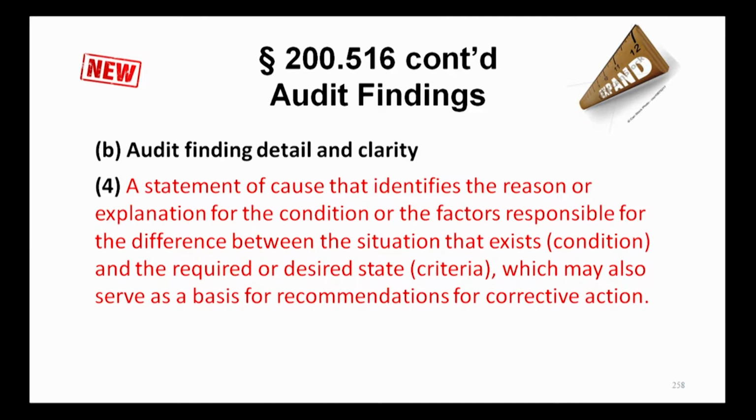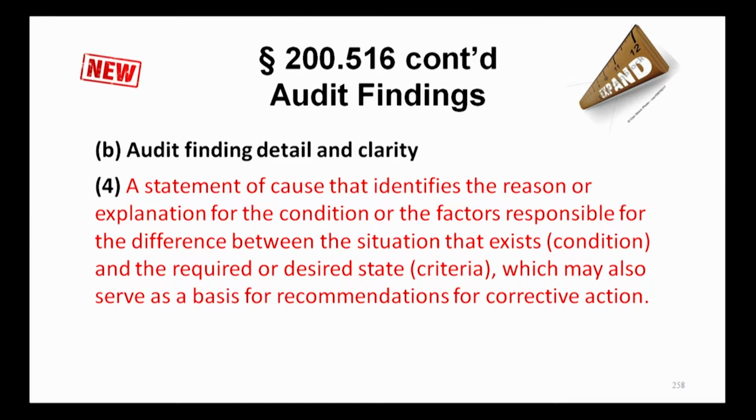Paragraph 4 goes on and clarifies that as part of that audit finding, a statement of cause should be written that identifies the reason or explanation for a condition or the factors responsible for the difference between the situation as it exists, the condition, and the required or desired state, the criteria.